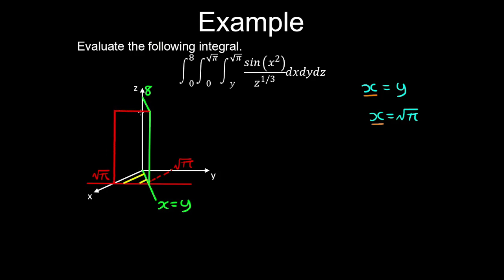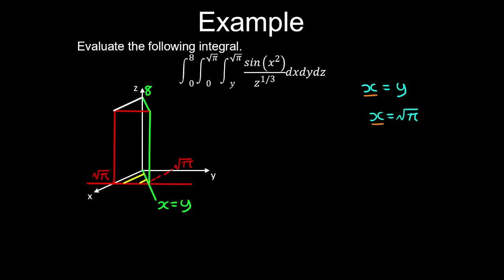So this is also at z is equal to 8, but further out of the screen. So our solid region looks something like this. Now we can't integrate with respect to x first, because we can't evaluate the integral of sine x squared.